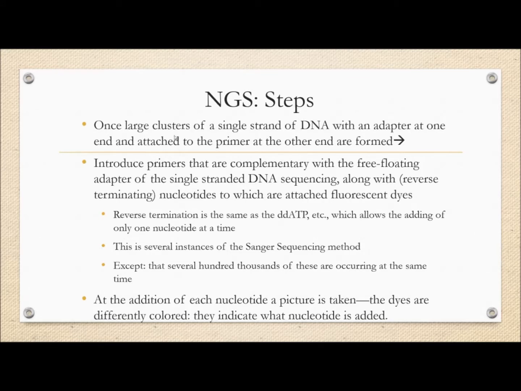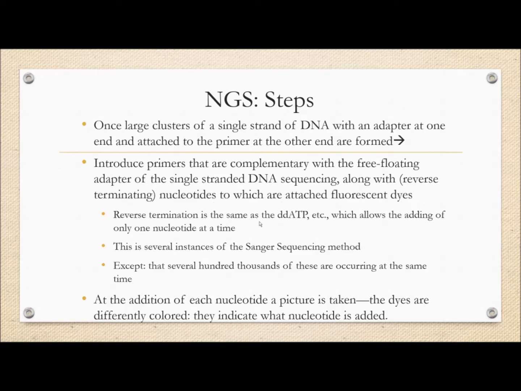So once large clusters of a single strand of DNA with an adapter at one end attached to the primer at the other end are formed, then you introduce primers that are complementary with the free-floating adapter of the single DNA strand for sequencing, along with reverse terminating nucleotides to which are attached fluorescent dyes.